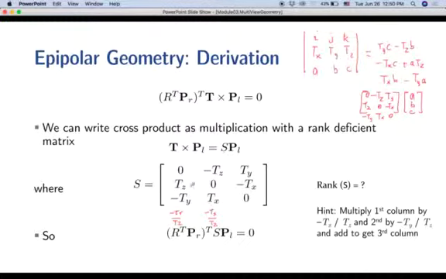When I add the second row, the Tz over Tz cancel, so I get minus Tx, which is here, and the other one is 0. And when I do the third row, I get here minus Ty Tx over Tz, but minus and minus is plus, so I get Tx Ty over Tz, and here I get minus Tx Ty over Tz, they add up to 0. So the third column is a linear combination of the first two columns. So the rank is really 2 for this S.